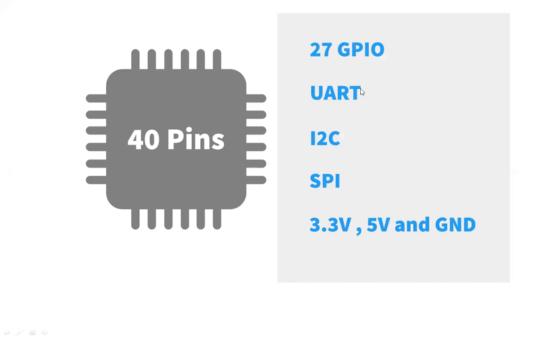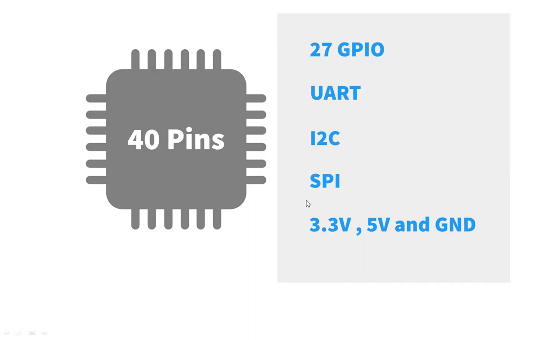And we have UART communication, I2C, SPI among these 40 pins, and there are power pins as well: 3.3 volts, 5 volts, and ground. Basically, this particular Raspberry Pi works with 3.3 volts logic, whereas Arduino works with 5 volts. ESP32, NodeMCU, ESP8266 work with 3.3 volts. Likewise, this particular board works with 3.3 volts, all of you.